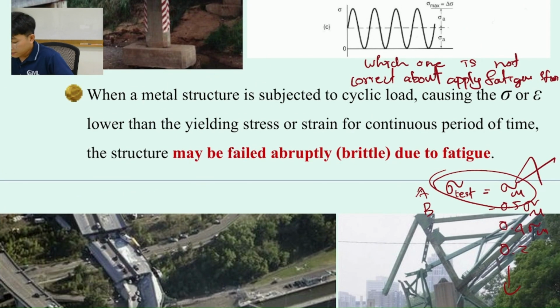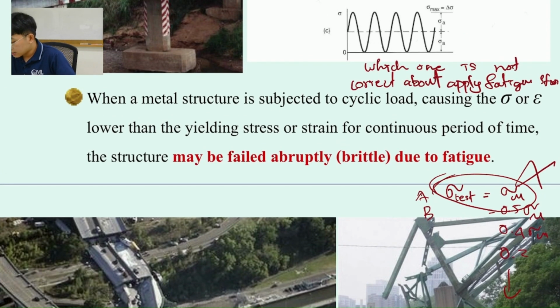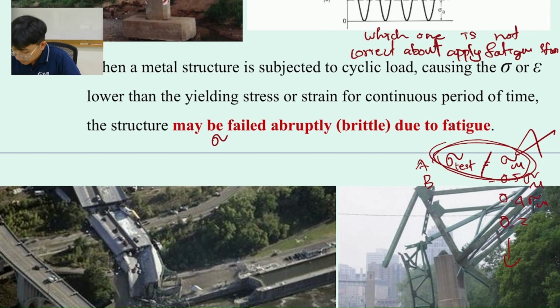So if I ask you which one is not correct, the stress at testing is supposed to be not equal to the ultimate of the stress. Okay, which means the stress that we test is supposed to be less than ultimate, and the strain that occurs is supposed to be lower than the strain ultimate.